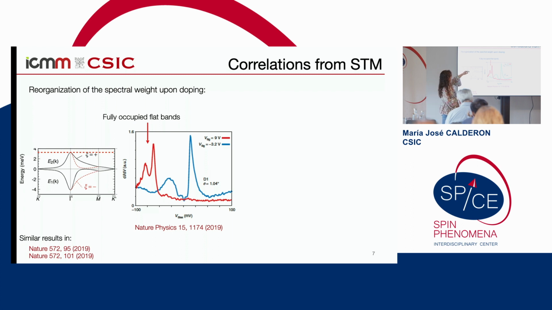What was observed is that when you have fully occupied flat bands, so if you put your chemical potential here, then you have some signatures that tell you where your peaks are. Okay, this is coming from the band structure.